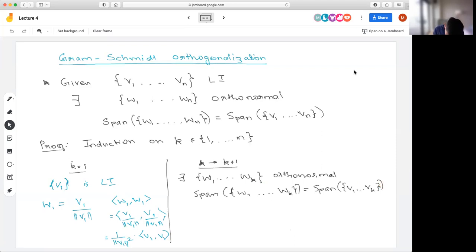The goal is to find w(k+1), which maintains this span property now with v1 to v(k+1), has norm 1, and is orthogonal to all of w1 to wk.